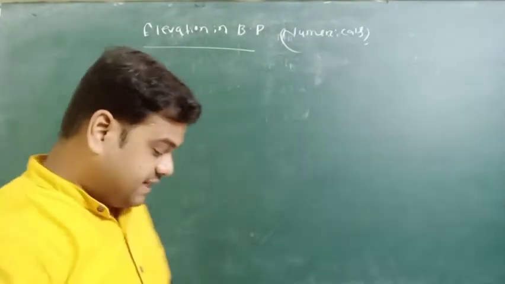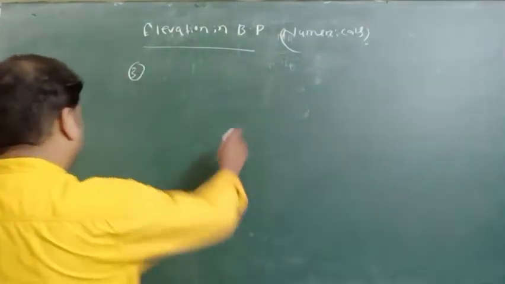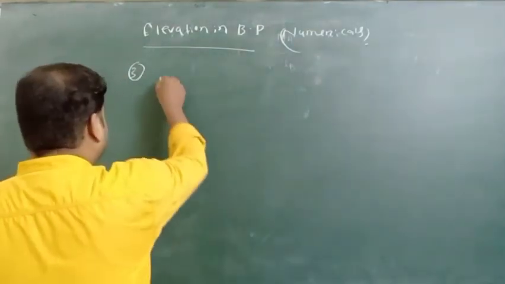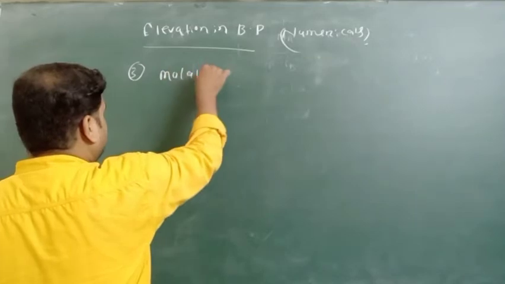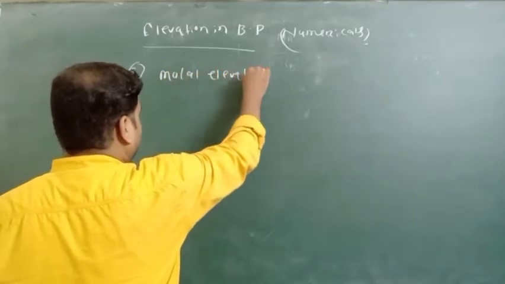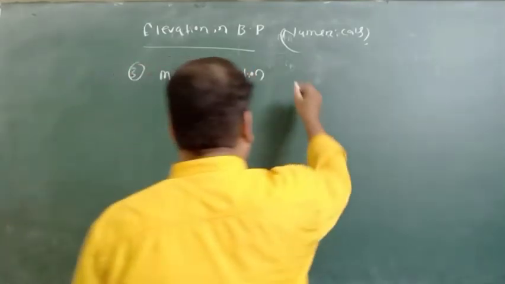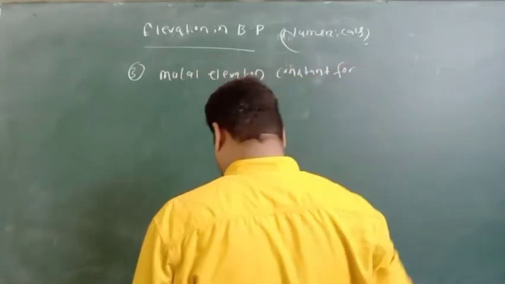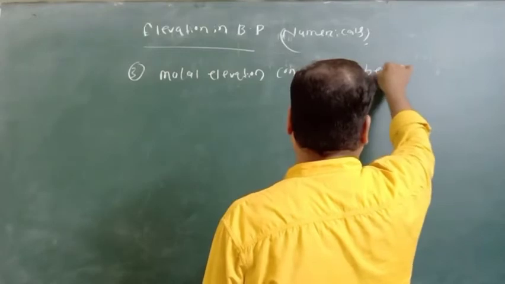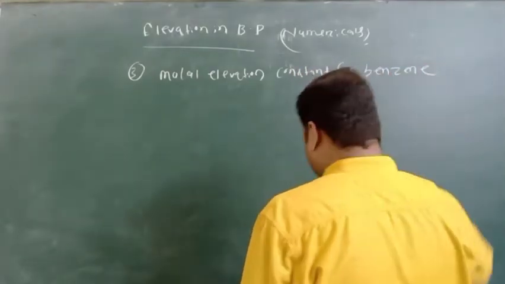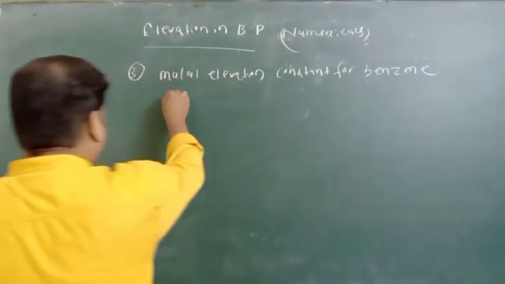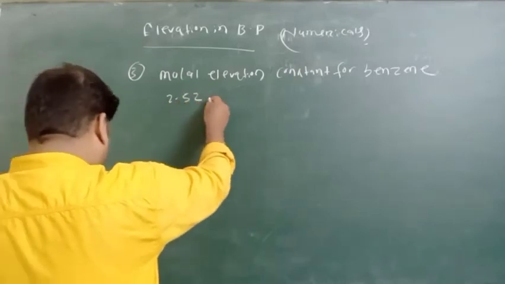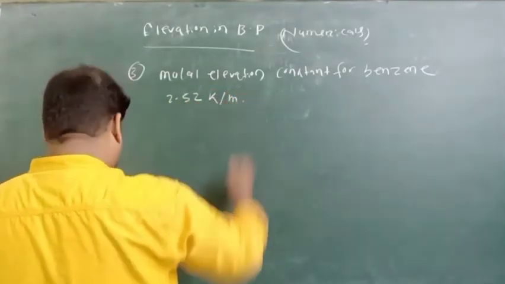So first of all we will write the question. Question number 3. Molar elevation constant for benzene is 2.52 Kelvin per mole.